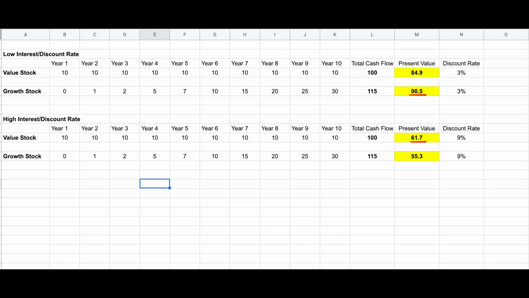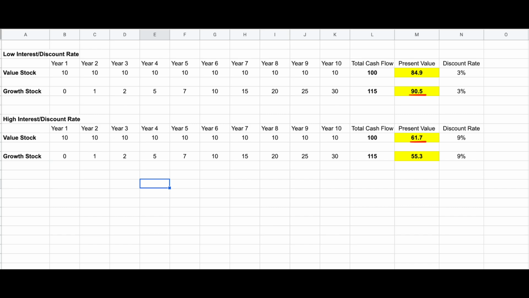Because if we look at an example where we've got a growth stock that's going to produce, say, 115 million of cash flow over a 10-year period, but the majority of it's going to be in the latter years, and then we compare that to a company that's going to produce 100 million of cash flow, and the majority of that comes not up front, but is spread out evenly over the period, so 10 million every single year. In a low interest rate environment, the one that produces slightly more cash flow, but we get it later in the investment period, is going to be worth more.